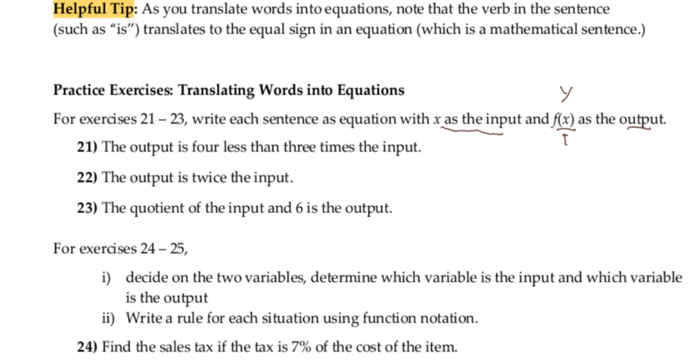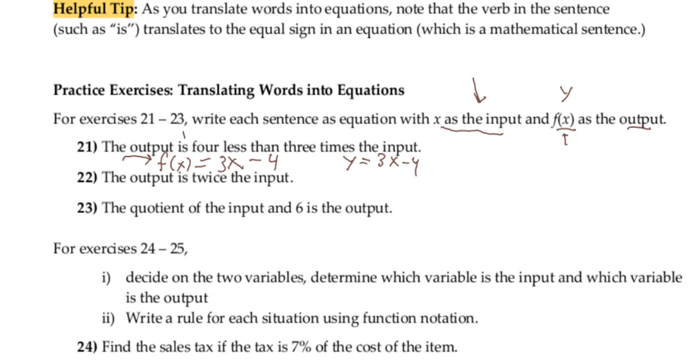So over here it says the output is 4, so if output is represented by f of x, the word is means equals. 4 less than 3 times the input. So here's 3 times the input, 3x, because x is equal to the input. And then 4 less than 3x would be -4, okay? So if you wrote f of x equals 3x minus 4, I take it. But if you wrote y equals 3x minus 4, I would also accept that, okay?